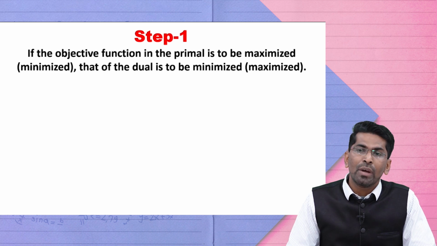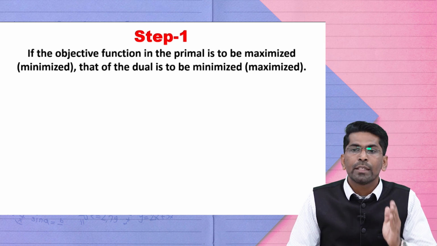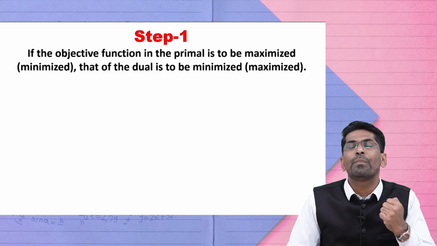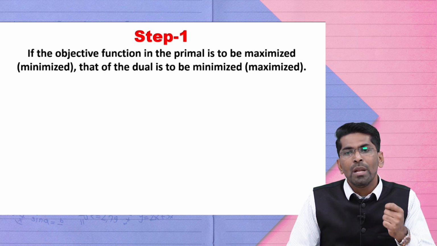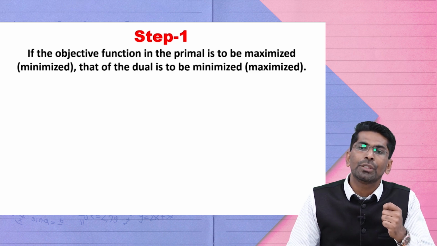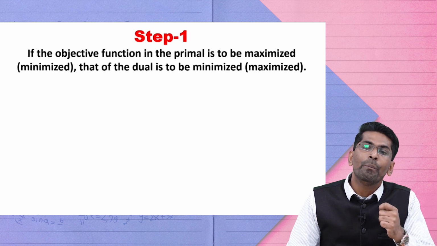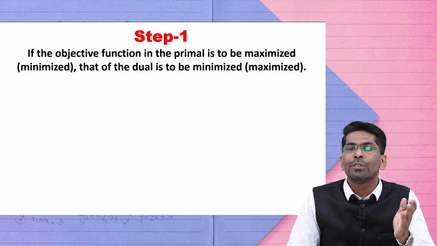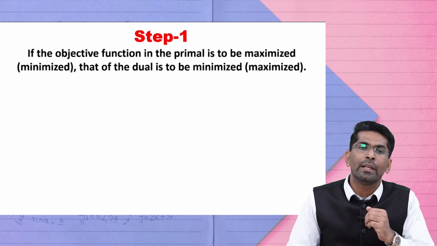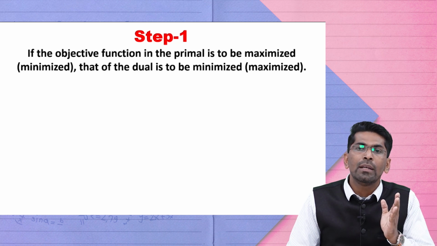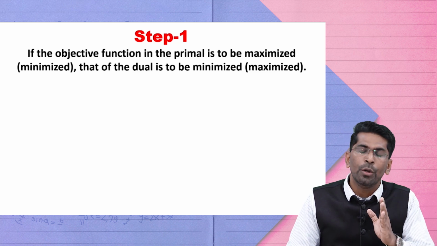So the objective function in the dual problem corresponds to the opposite optimization direction of the primal problem. If the primal problem aims to maximize a certain objective function, then its dual problem aims to minimize its corresponding objective function, and the opposite can also be taken. So this is the first step of how to convert primal into a dual.